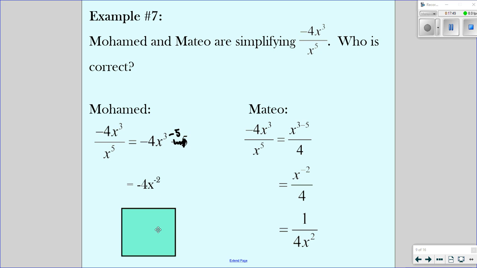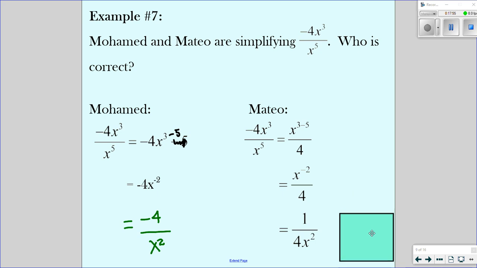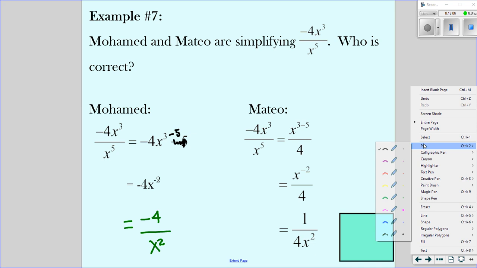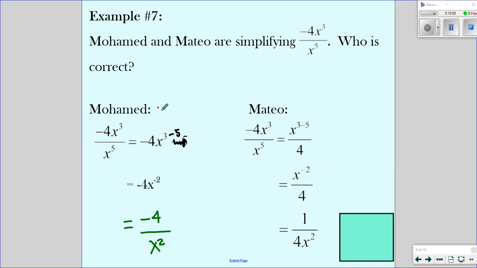So let's look at if we were to simplify what Mohammed did, he would have the negative 4 on the top and then the x to the second power on the bottom. But between the two, the one who has it correct is Mohammed, because he did everything correct.